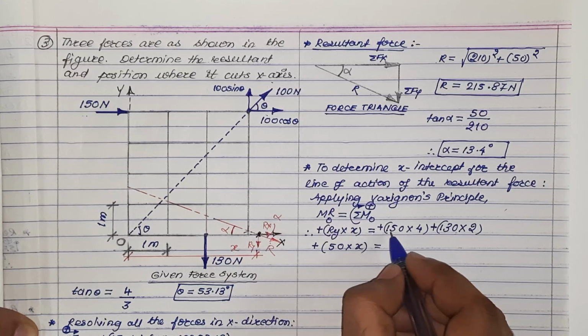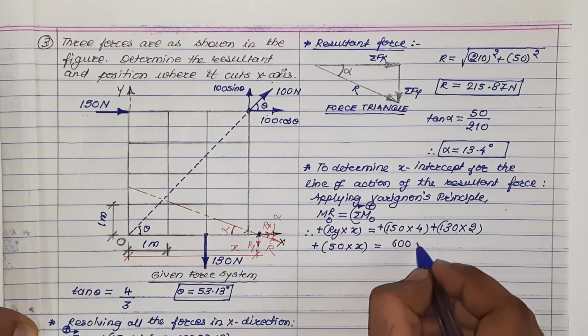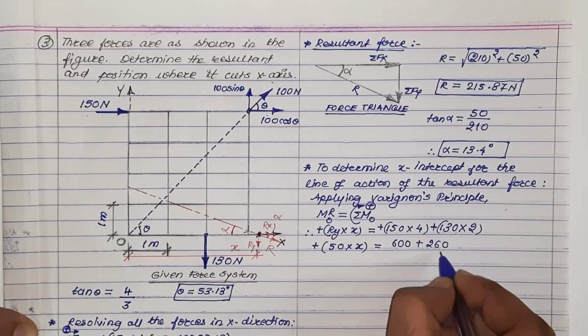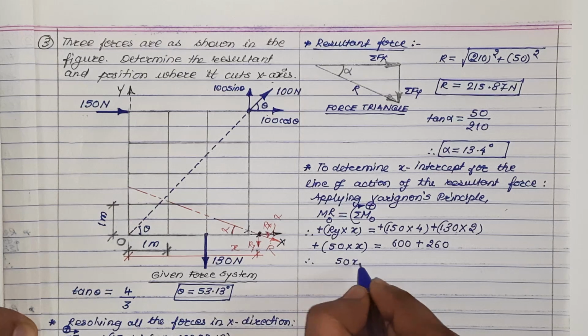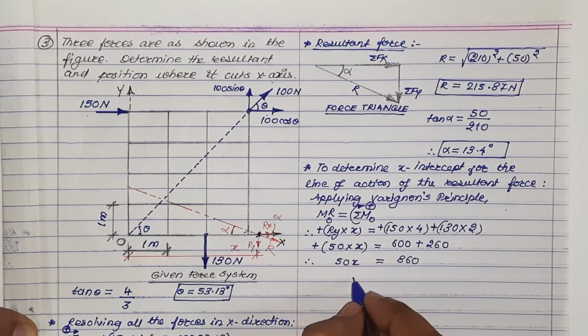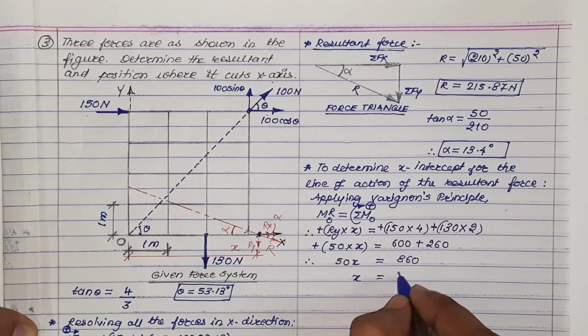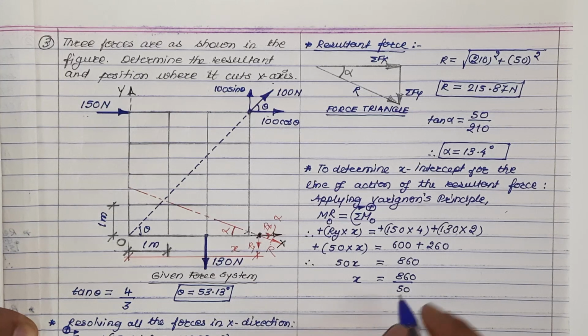That is equal to 150 into 4 is 600, 130 into 2 is 260. Therefore, 50x is equal to 860. Hence, distance x is equal to 860 divided by 50.